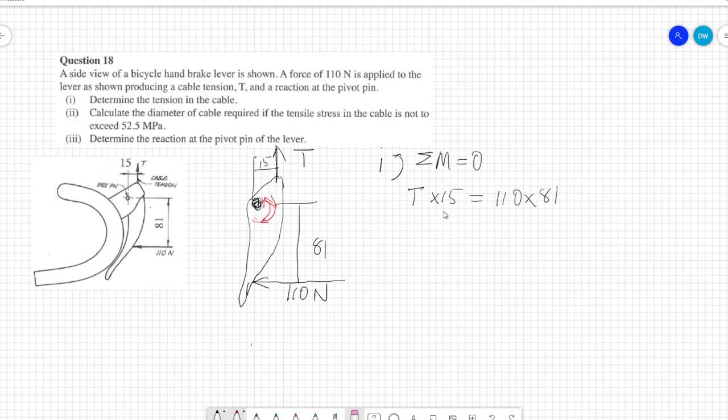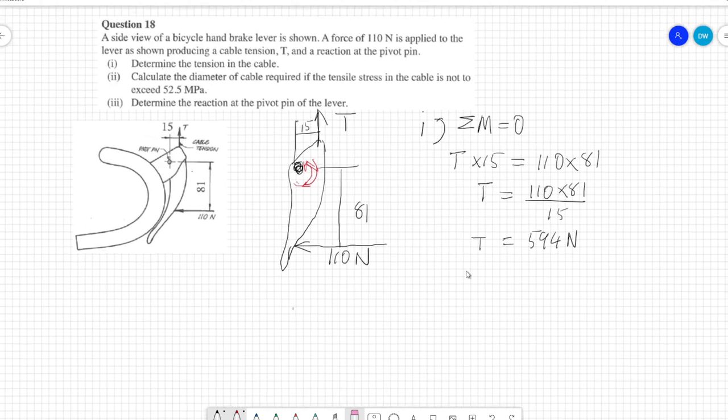So the moment going counterclockwise has to cancel out the moment going clockwise. That's very easy to solve for T. In this case, T is just 110 times 81 divided by 15. So T should be equal to 594 newtons. So that's it. Pretty straightforward.